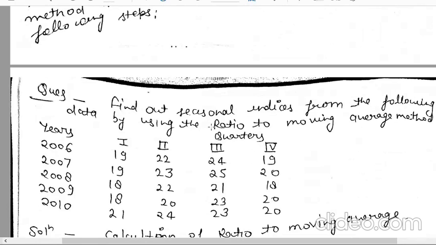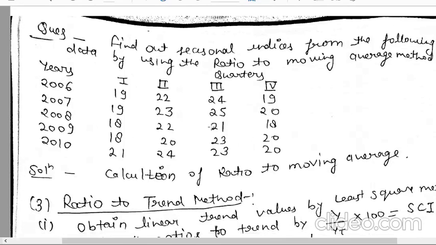Find out seasonal indices from the following data by using the ratio to moving average method. So what is our ratio to moving average method? I told you in our previous lecture that suppose this is your base year, base year value is P0, P1.